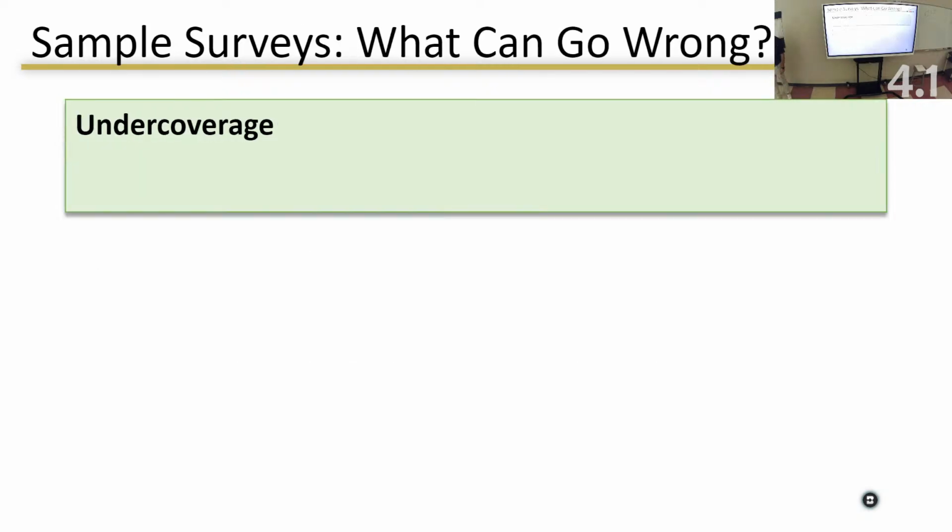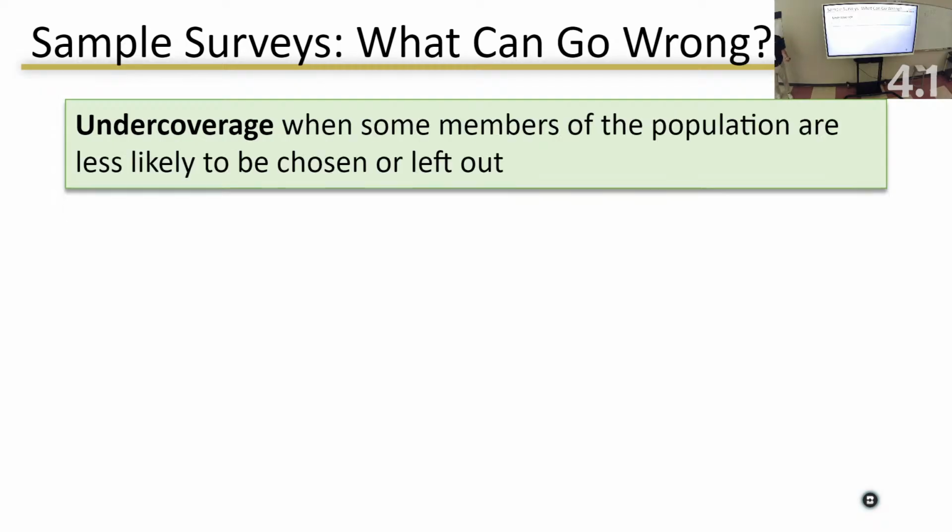Undercoverage sounds like what it is. Basically, you left somebody out. You left a group out that's important to the population. Again, say I go to the 3rd floor and that's my sample. Well, I'm leaving out all the other subjects. And again, it depends on what I'm trying to find out. Number of siblings, I'm okay that I left some out.